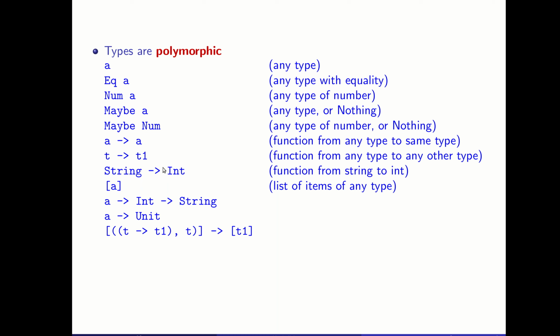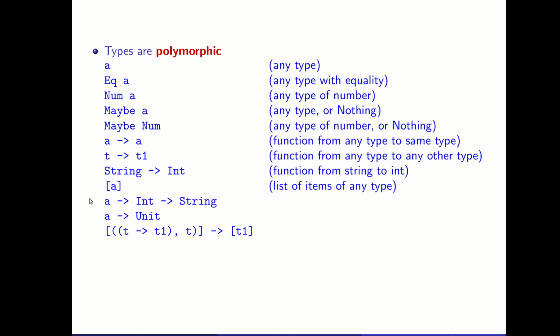It's not itself an actual function, but it's a type. Here is a list that could contain any type as its item type. This is getting more complicated down here. Here's a function's type that goes from any type to unit, which is no output, sort of like void.